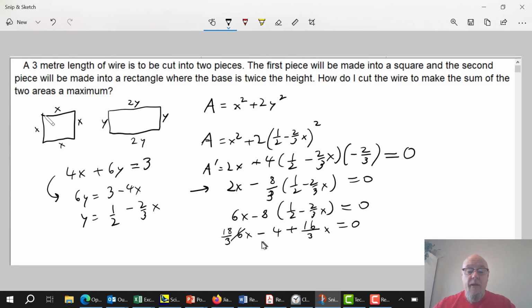So now I can write 18 over 3 x plus 16 over 3 x. That's 18 plus 16, which is 34 over 3 x, equal to 4 when I move that minus 4 over. So now x is equal to, multiply the 3 up, 12 divided by 34, which is 6 divided by 17.